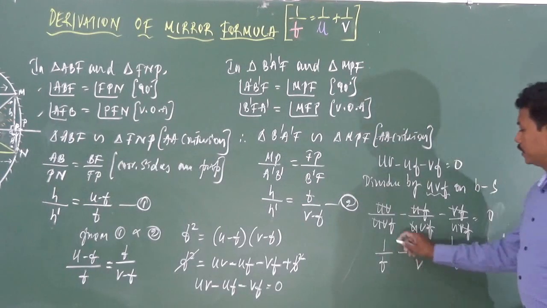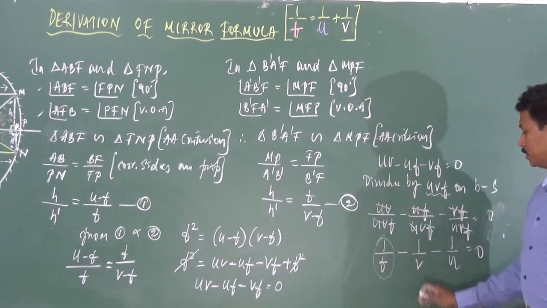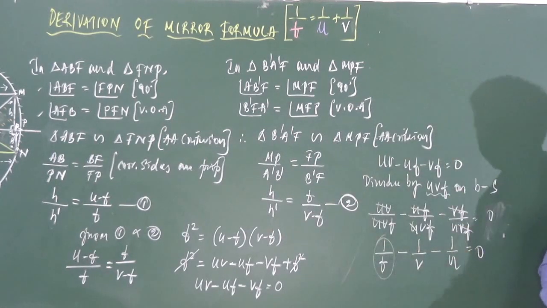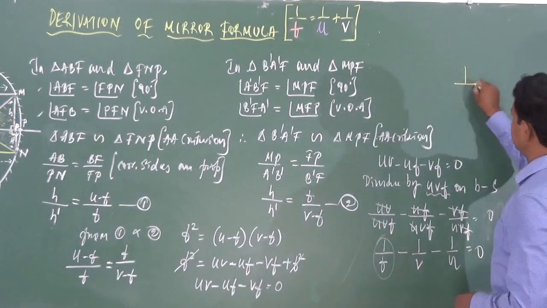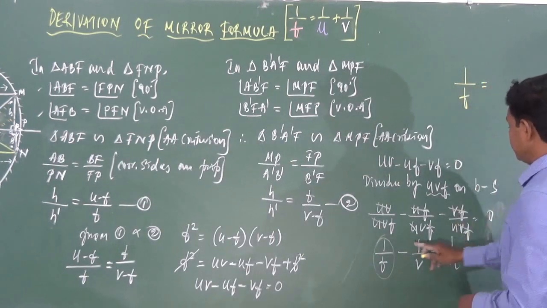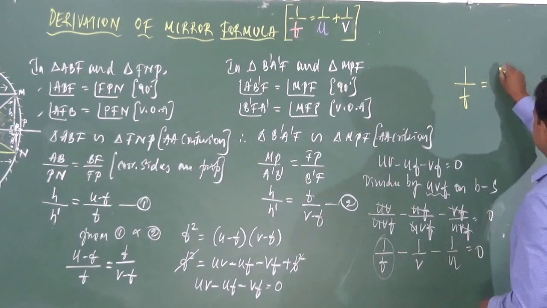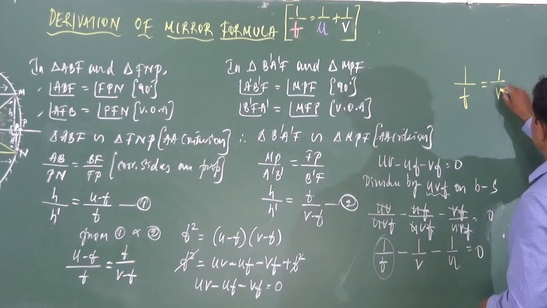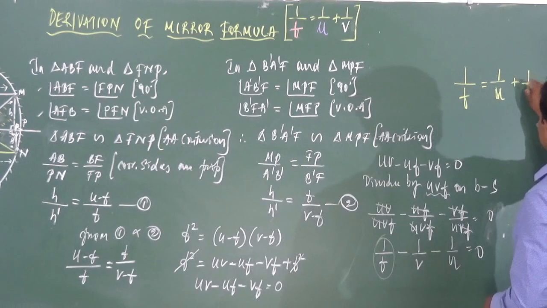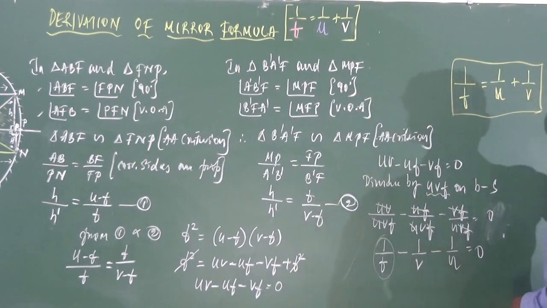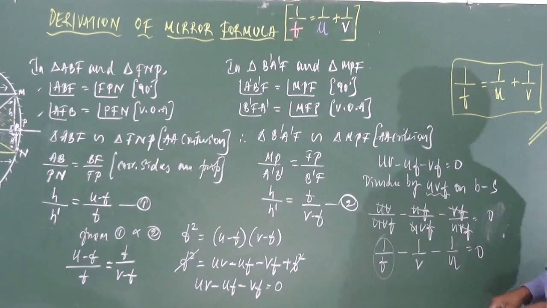So now, keeping 1 by F as the subject, transpose these two terms to the RHS. So this becomes 1 by F is equal to minus 1 by U, and after transposing minus 1 by V becomes plus. So 1 by F is equal to 1 by U plus 1 by V. So this is how we get the mirror formula.